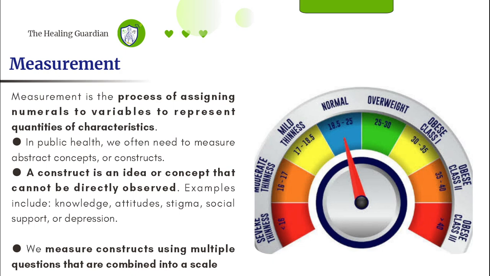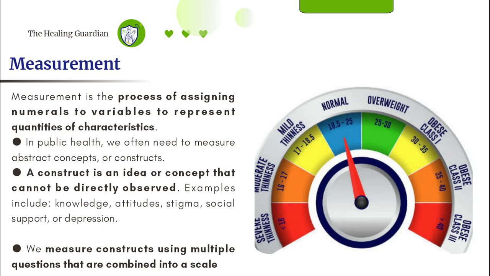So we need to assign numerals to these variables to represent quantities. You can't see stigma against people with HIV. So I can construct an interview with a series of questions and use it as a scale. If I'm assessing stigma towards HIV, I may ask, would you be willing to buy vegetables from a vendor with HIV?